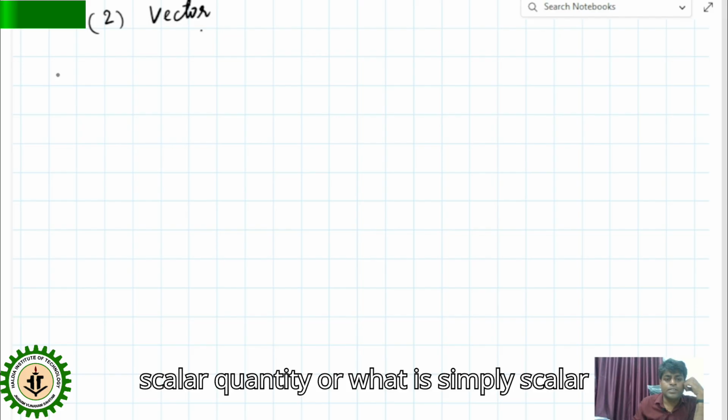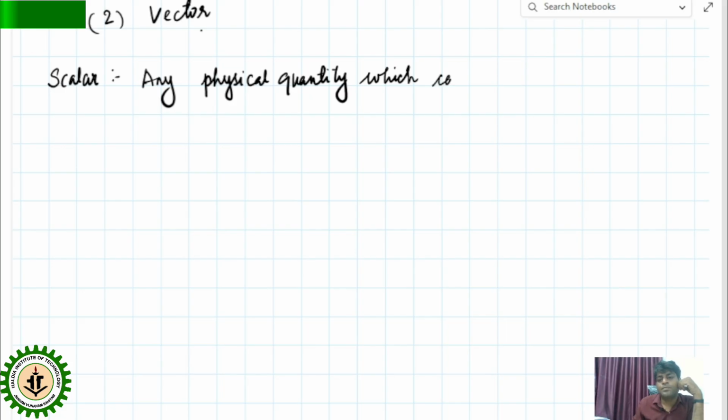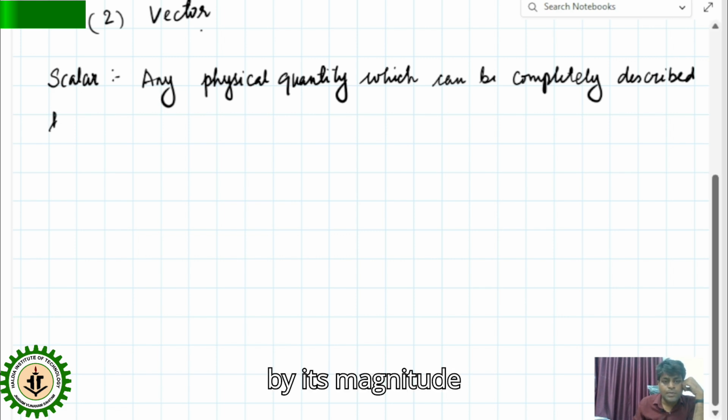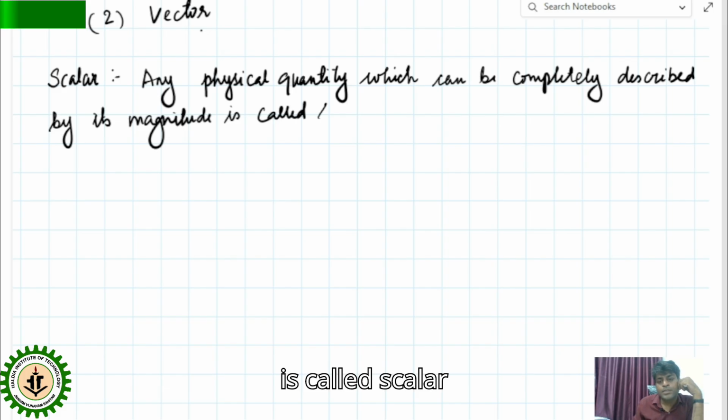So what is a scalar quantity or what is simply scalar? Any physical quantity which can be completely described by its magnitude is called scalar or scalar quantity.